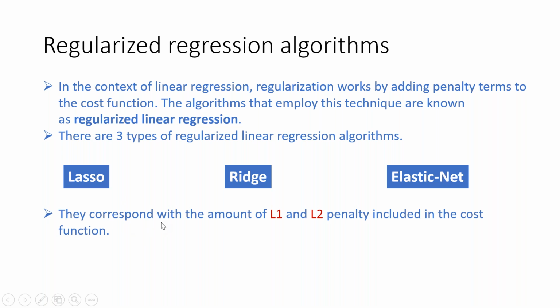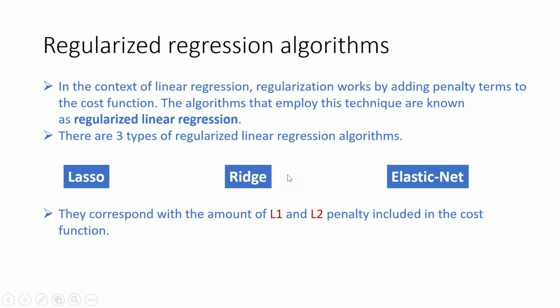They correspond with the amount of L1 and L2 penalty included in the cost function. Lasso uses only the L1 penalty. So if you use lasso, you can make some slopes 0, meaning you can remove features.